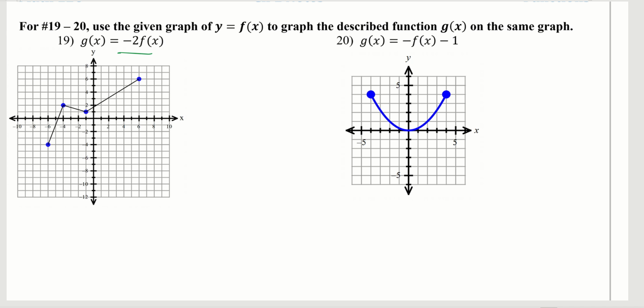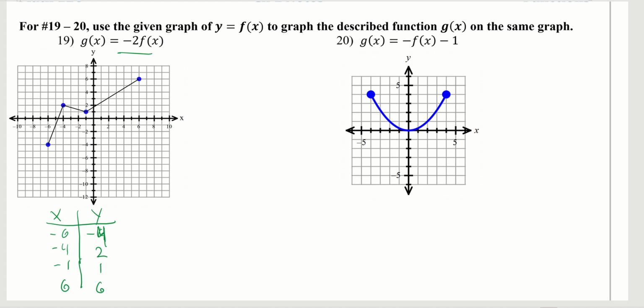So let's set up our equation, x, y. So this first point's at -6, the second point's at -4, what's that, -1 and 6. Cool. Now our y's, we can keep the y's, so -4, 2, 1, and 6. But again, the y is being adjusted, and so it's being stretched.